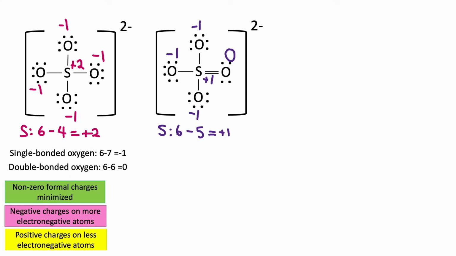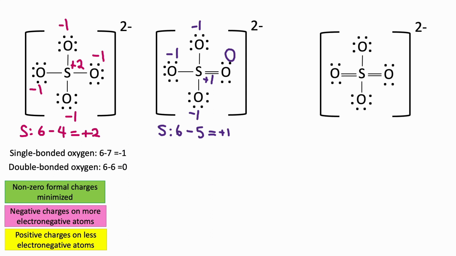So if making one double bond made the situation better, what would happen if we had 2 double bonds? Let's find out. Now let's calculate formal charges for this structure. Again, we have 2 single bonded oxygens, and we've already calculated that the formal charge on those is going to be -1.